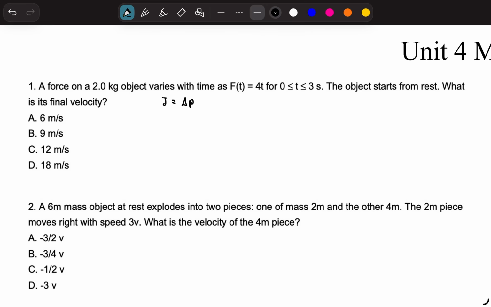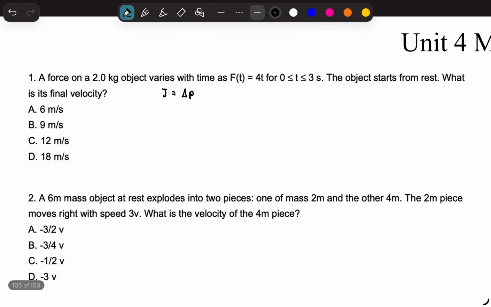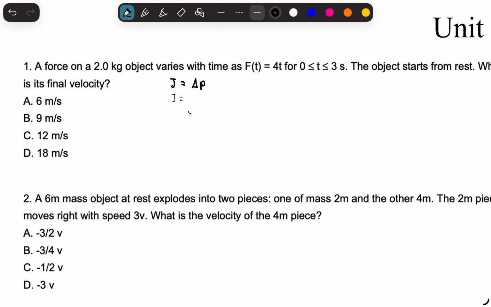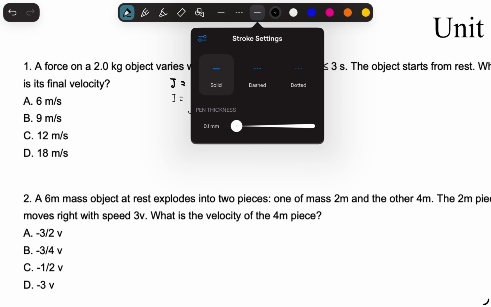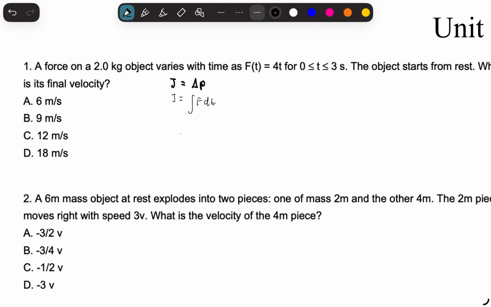So impulse is equal to the change in momentum, and also impulse is equal to the area under the force graph. Since we have that F(t) = 4t, we can write our impulse with the limits of integration 3 and 0, 4t dt.